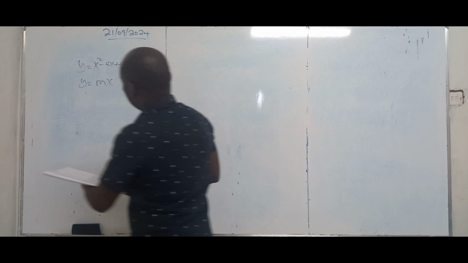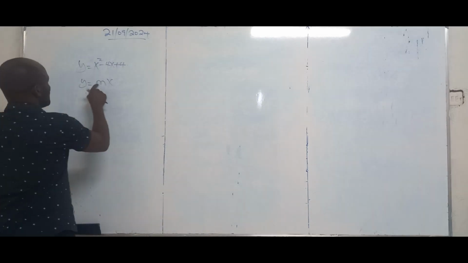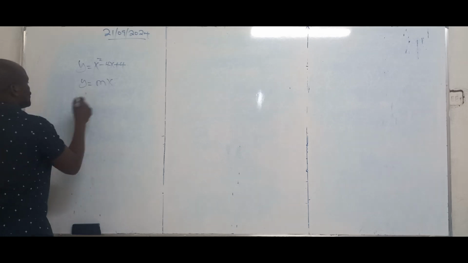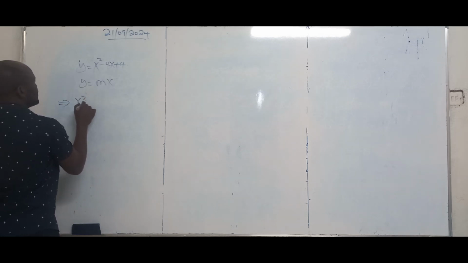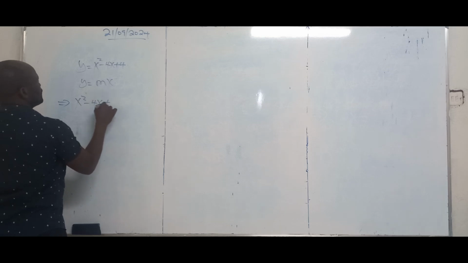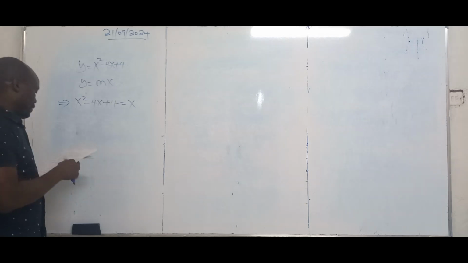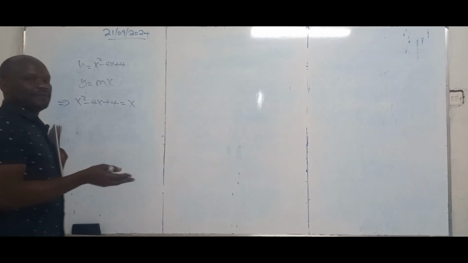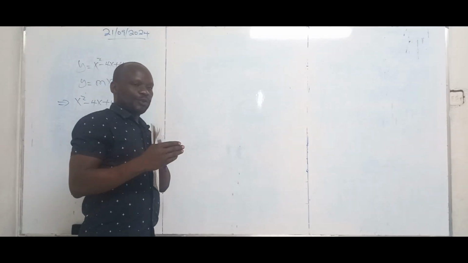So here, for the case where they intersect, we have x squared minus 4x plus 4 is equal to x, because m is 1. The line intersects the curve at 2 points.